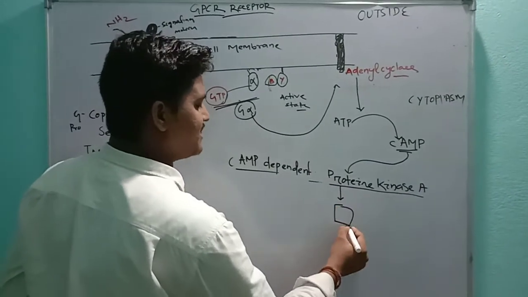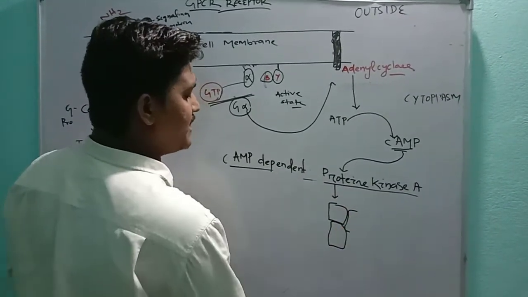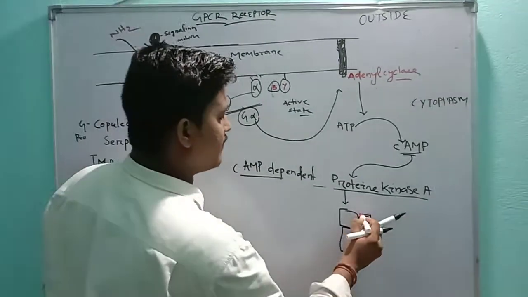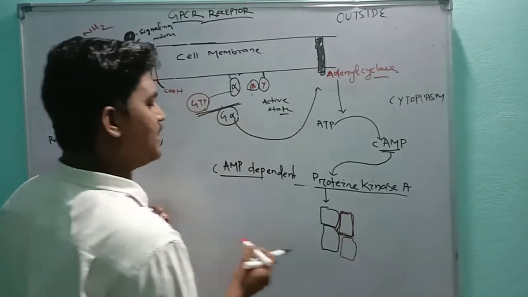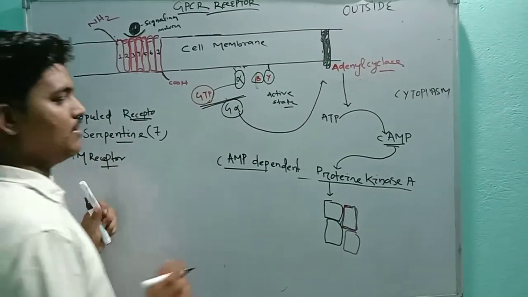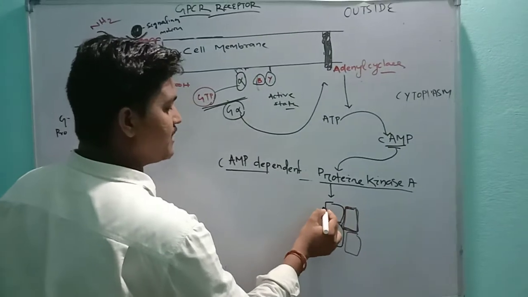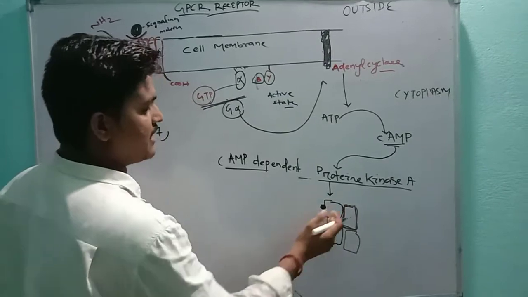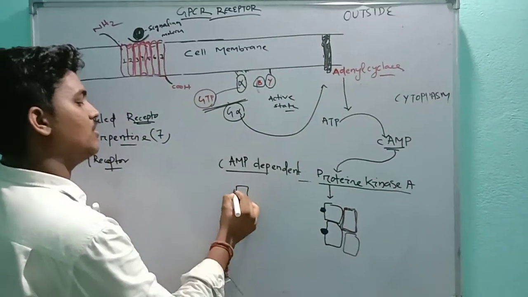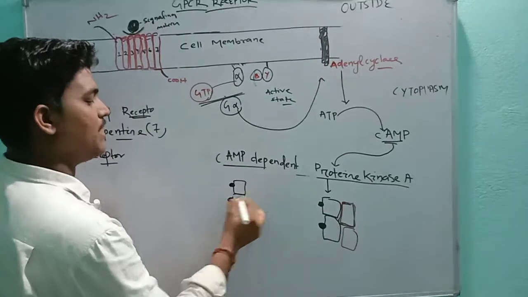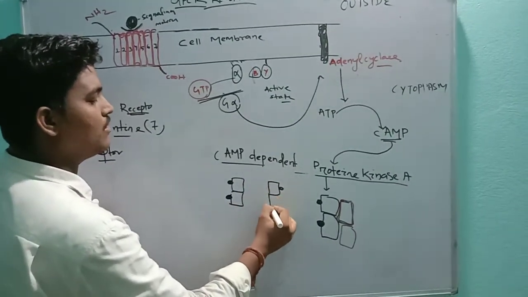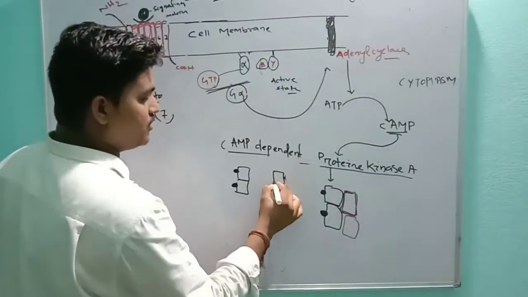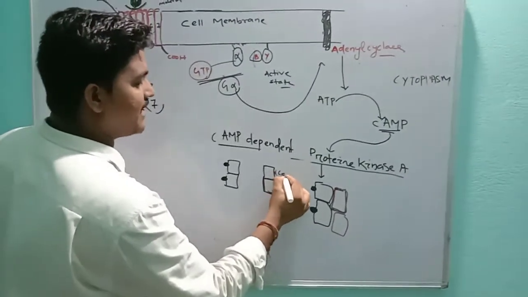Protein kinase A has two parts: one is the regulatory part, another is the catalytic part. When cyclic AMP binds to protein kinase A, the regulatory part separates and the catalytic part is released.